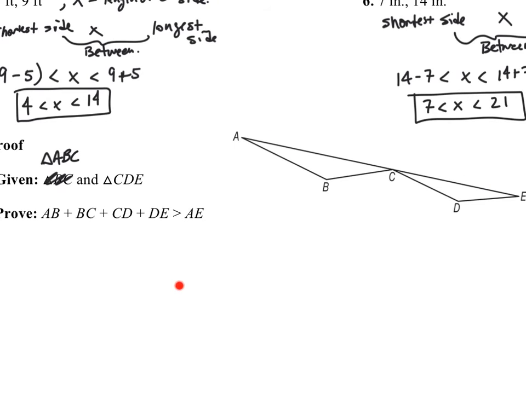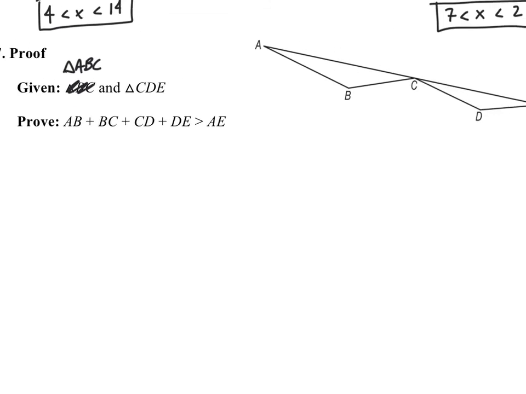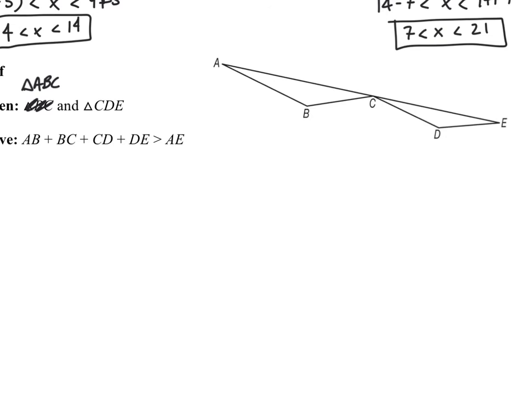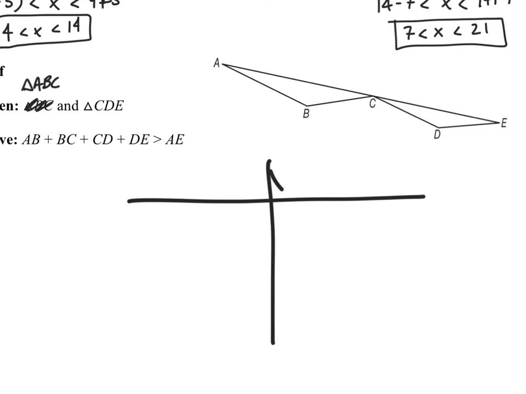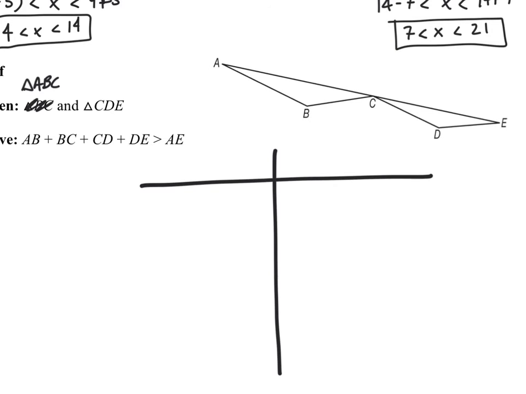So let's do this. Let's write out a 2-column proof here. And I'm going to come over here, and I'm going to write my t-chart with my statements and reasons. Let me redraw that so it looks nice and pretty. So let me draw my t-chart.